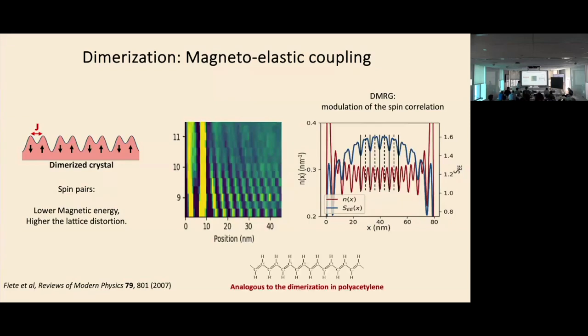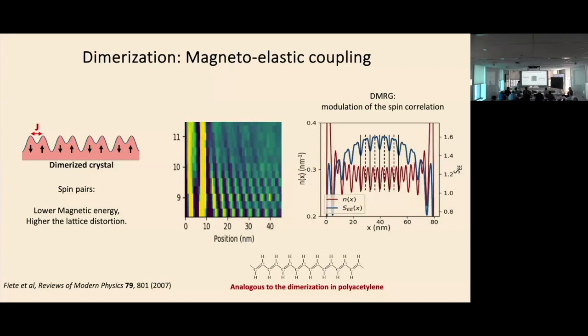So in that sense, this is actually analogous to the dimerization in polyacetylene. It wants to dimerize to lower the spin singlet energy.